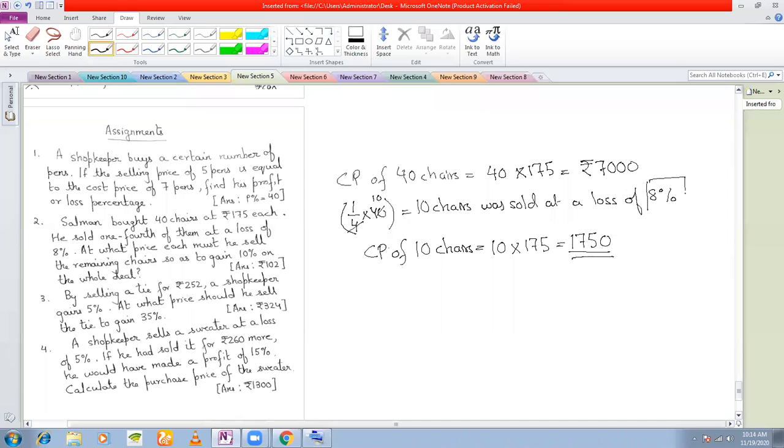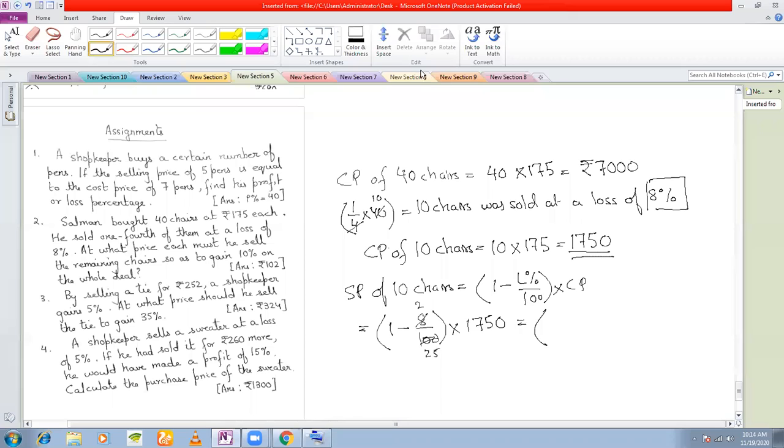And he's selling 10 chairs at a loss of 8%. So what should be his selling price of 10 chairs? 1 minus loss percent by 100 into cost price of 10 chairs. 1 minus loss percent, which is 8 divided by 100, into cost price. Cost price of 10 chairs is 1750. This cancels here. So you get 1 minus 2 by 25 into 1750.